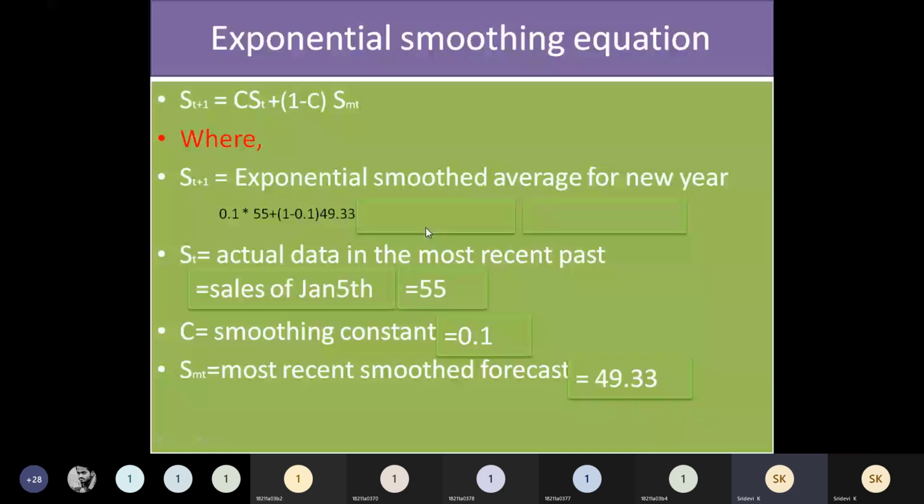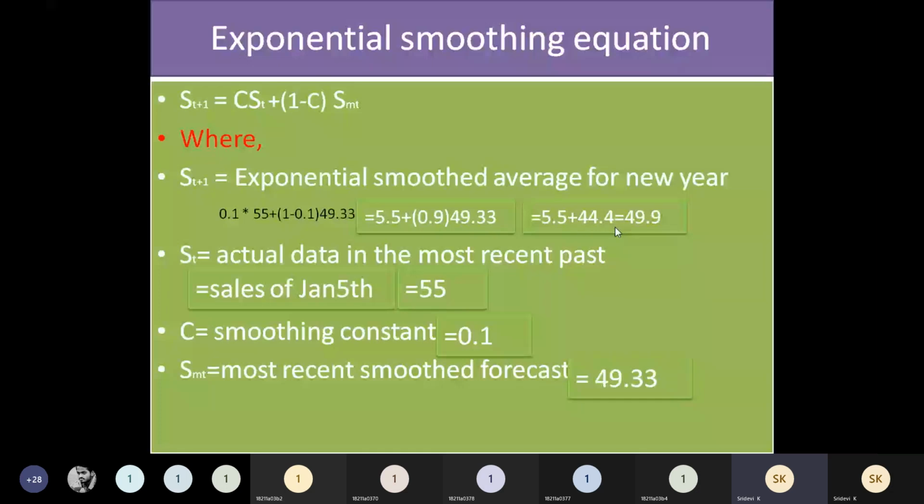If you multiply 55 with 0.1, you will get 5.5. Okay, 1 minus 0.1 will give you 0.9. So multiply this with 49.33: 0.9 into 49.33. Then only you have to add 5.5. If you multiply 49.33 into 0.9, you will get 44.4.